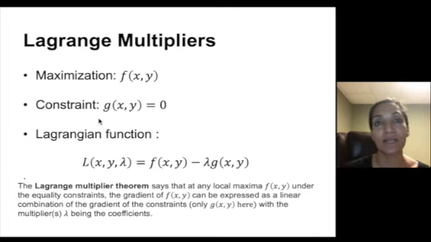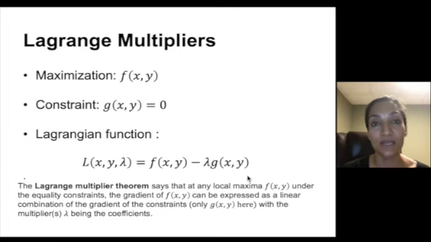If that's the case, then you can solve a different function called the Lagrangian function. The Lagrangian function has an extra parameter called lambda, which is also called the Lagrange multiplier. And this new function is simply f minus lambda g.